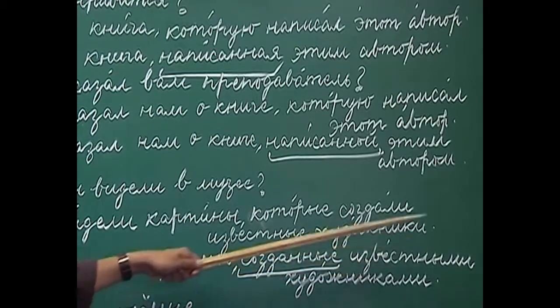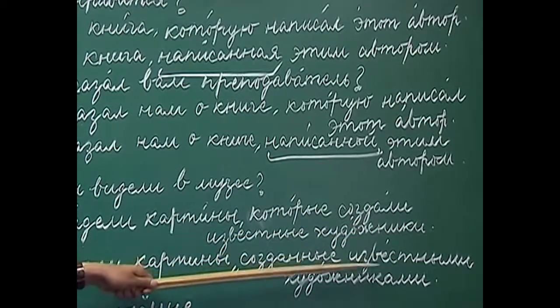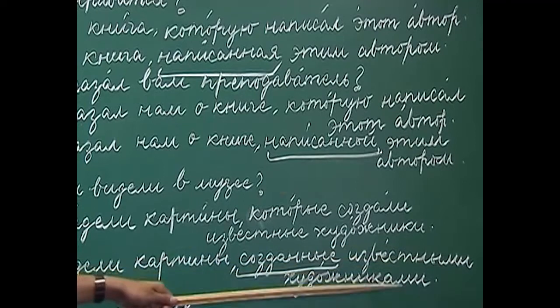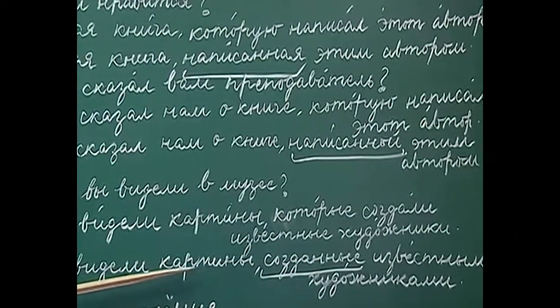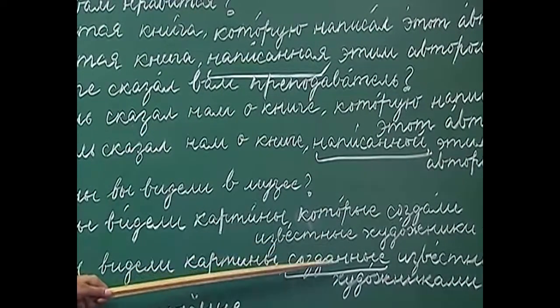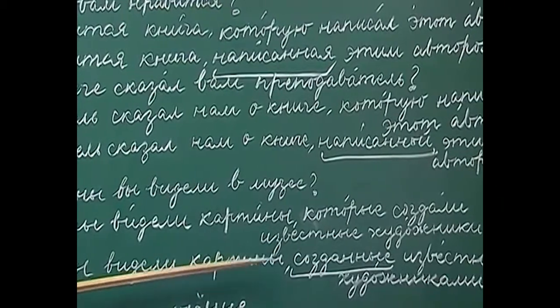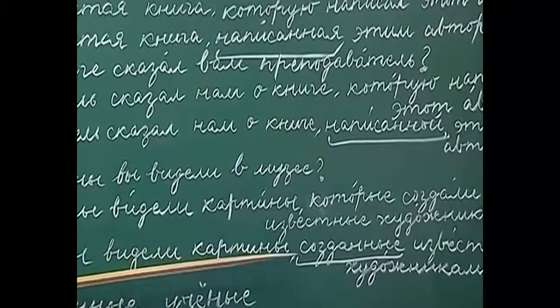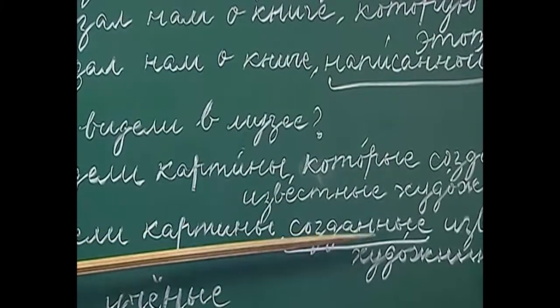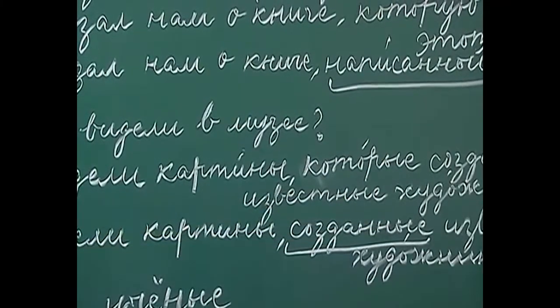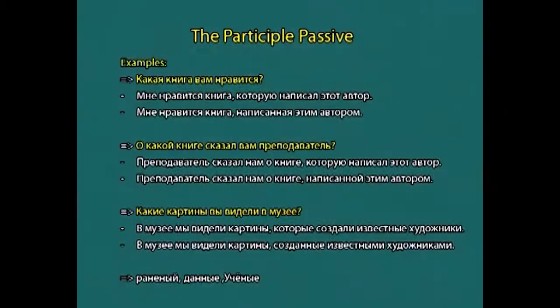So, известные художники, известными художниками, and созданные will correspond to the form of картины, because созданные qualifies the noun картины, and картины is the accusative case, plural number.